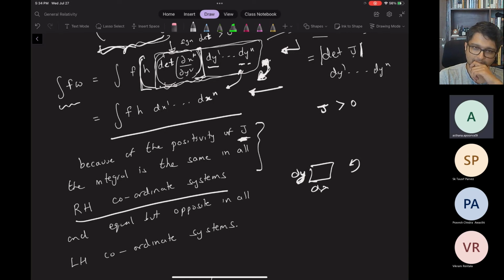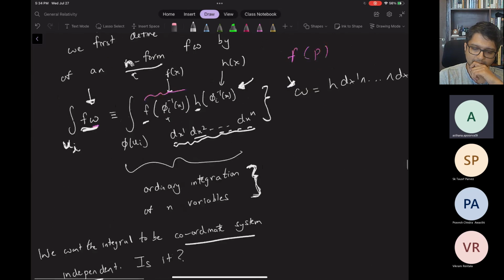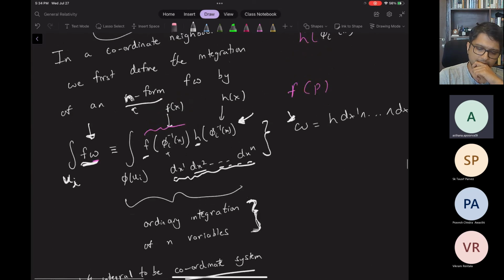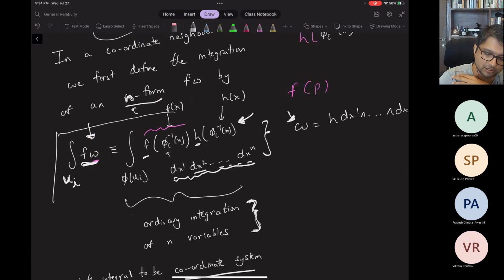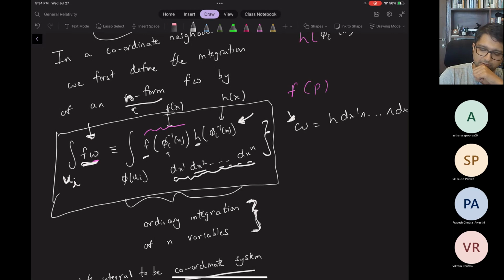Sure. How did we get from the wedge products of dx1 to dxn to the products of dx1, dx2, and dxn? This is the definition. This definition seems like it's a coordinate system dependent definition. I define the integration of f with this measure omega in a coordinate patch Ui. I give the definition using one coordinate system. I say that it's equal to f of phi I inverse x, h of phi I inverse x, dx1, dx2, dxn. This is a definition given to you in one coordinate system.